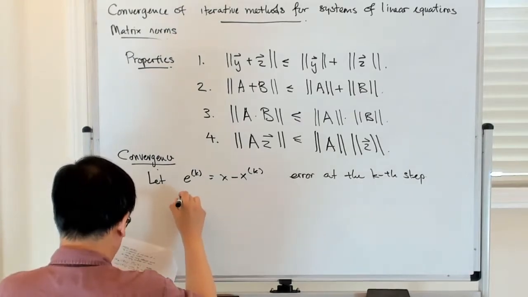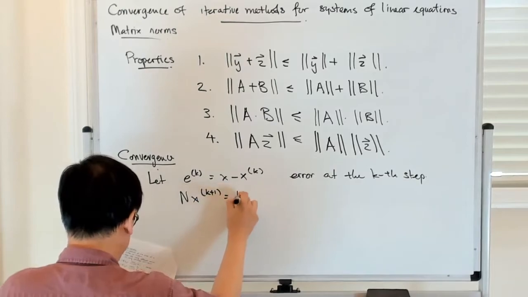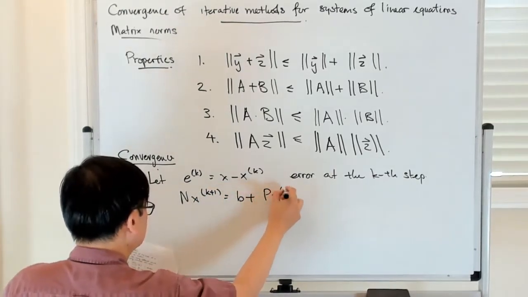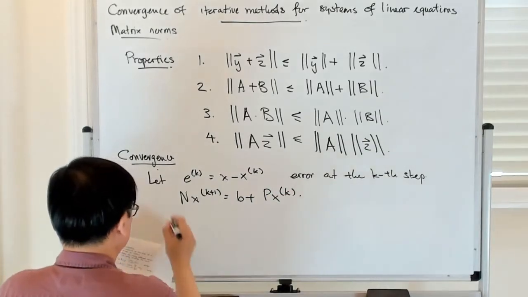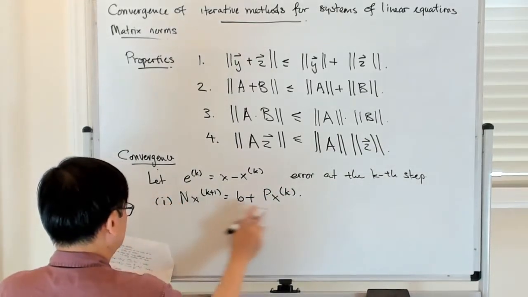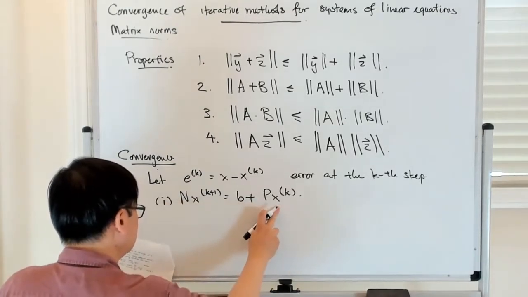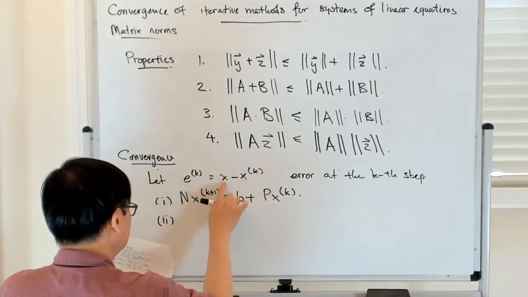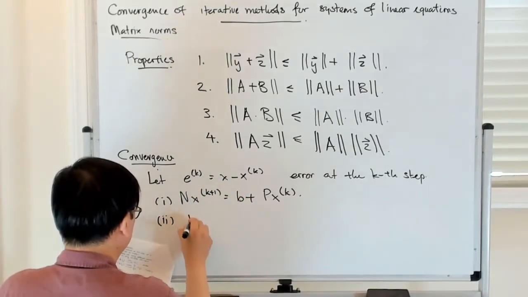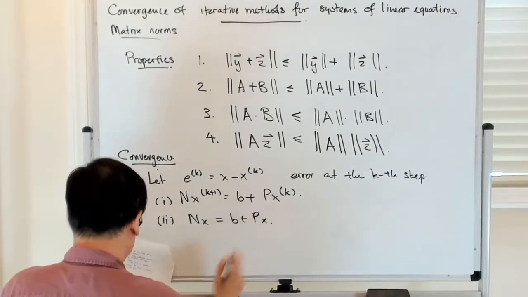And so we know that N x_{k+1} is equal to b plus P x_k. That's the iteration formula. The iterations satisfy this relationship, and the exact solution satisfies the fixed point of that. So N x is equal to b plus P x.